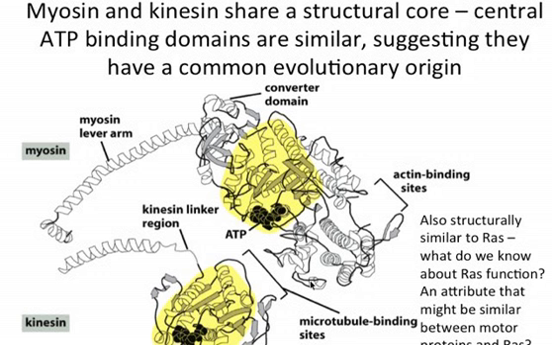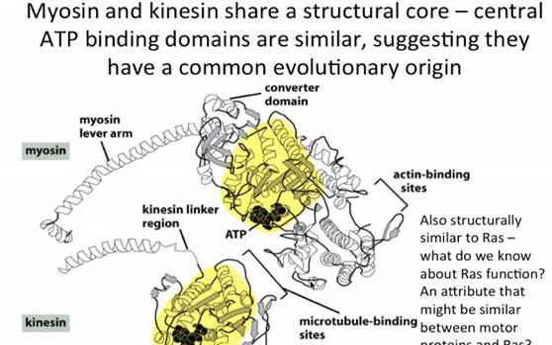So myosin and kinesin, they both share a structural core. They have these 8 central ATP binding domains, and they're similar. So when you see proteins that have similar structures and functions, you can assume they probably have a common evolutionary origin.